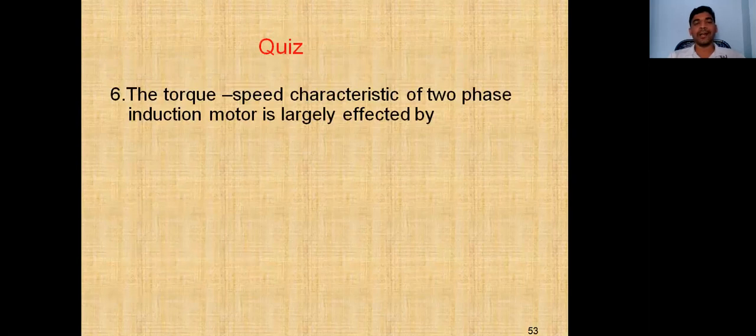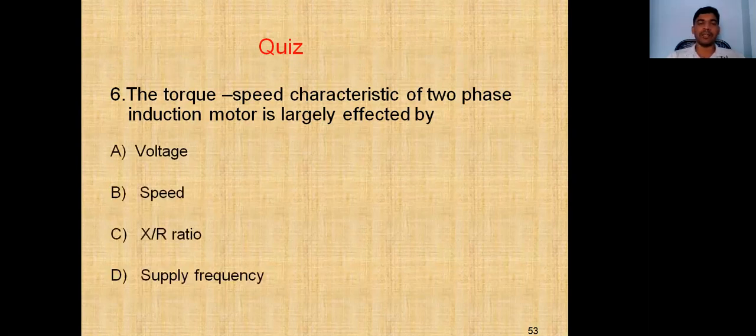The torque speed characteristics of a single phase induction motor are largely affected by: option A voltage, option B speed, option C X by R ratio, option D supply frequency.